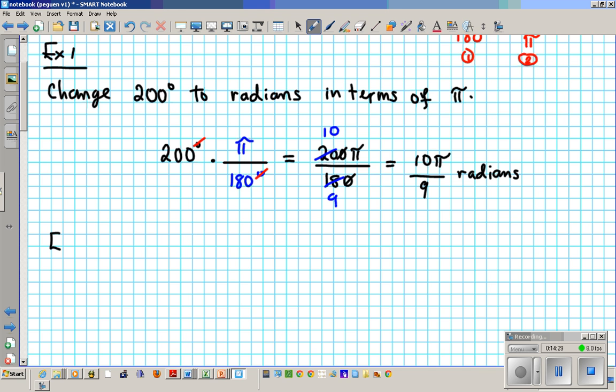Alright, example 2. Let's take a look at another example. Let's convert, change 2 pi over 3 into degree measure.